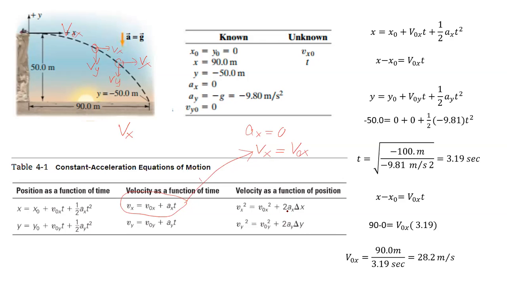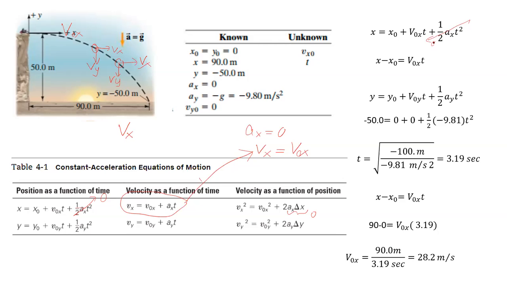And here this part is 0, so this is not very useful for the x direction. I could use this other one, but this term is gone. Why? Ax is 0. Don't just act like a machine and write the x acceleration as 9.8, because the x direction acceleration is 0.